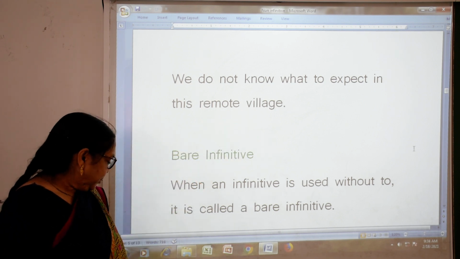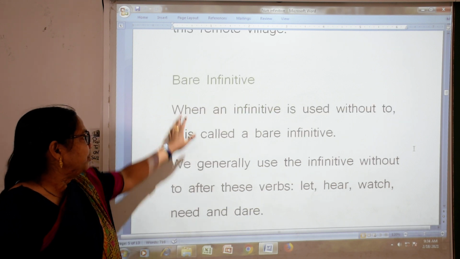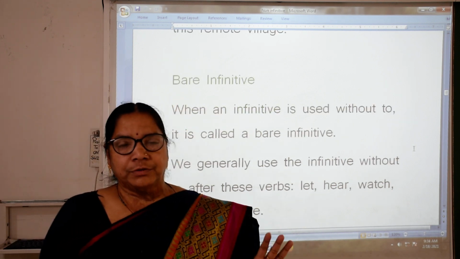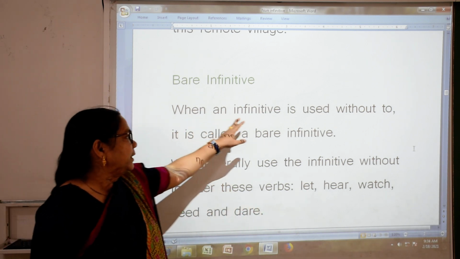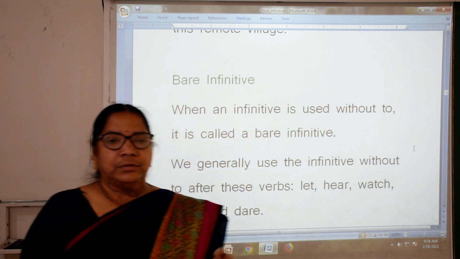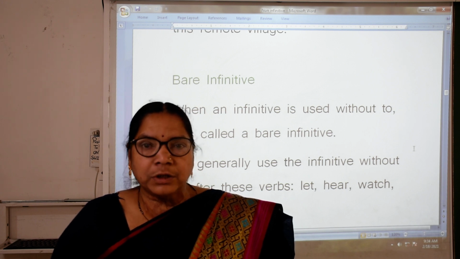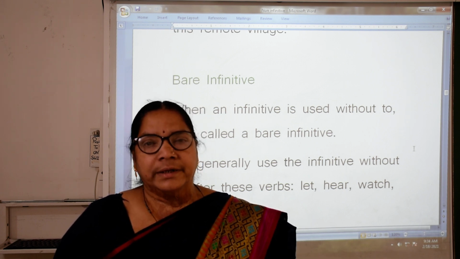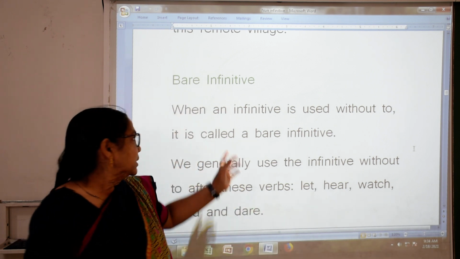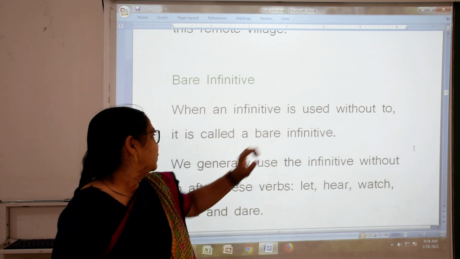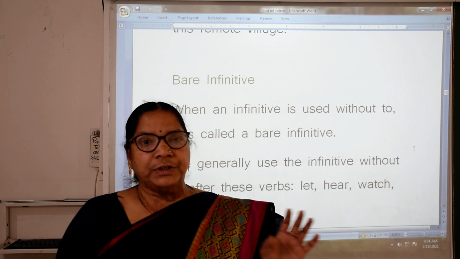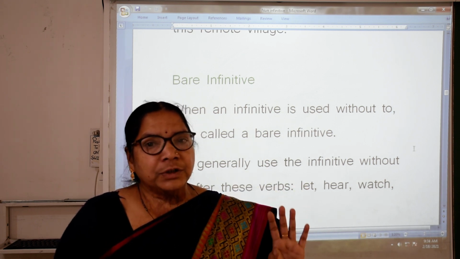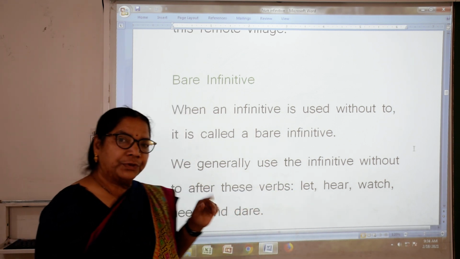Now, the bare infinitive. Bare means zero, zero infinitive. When an infinitive is used without "to", it is called a bare infinitive, and the sentence is still correct.